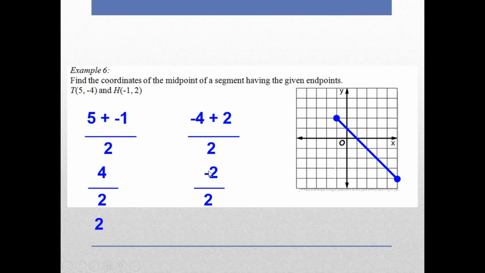Then add the y's. -4 plus 2 is -2. -2 divided by 2 is -1. So that tells us our midpoint is then at the coordinates 2, -1. There are other ways to find the midpoint, but that is pretty quick and easy. So I encourage you to just add the x's and the y's together and then divide each by 2.